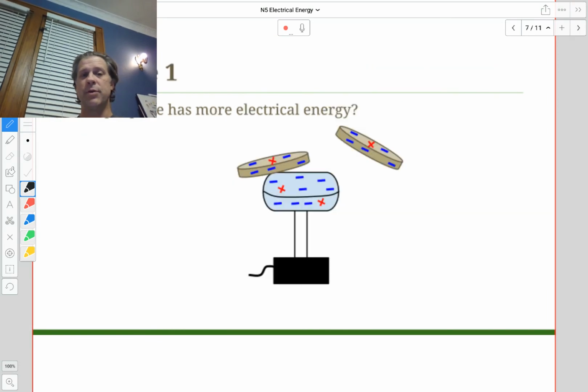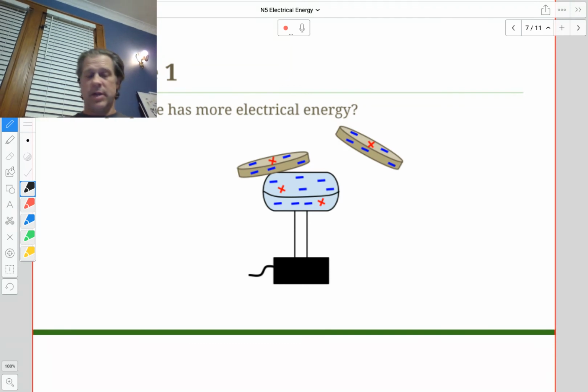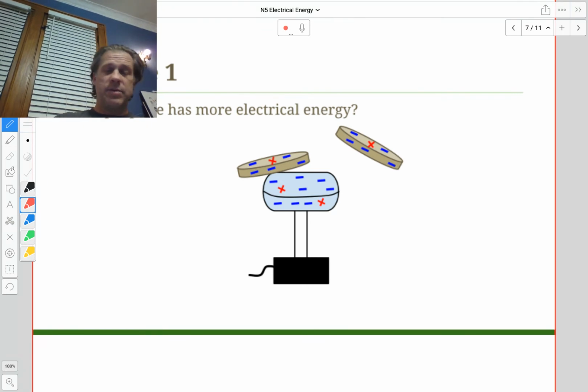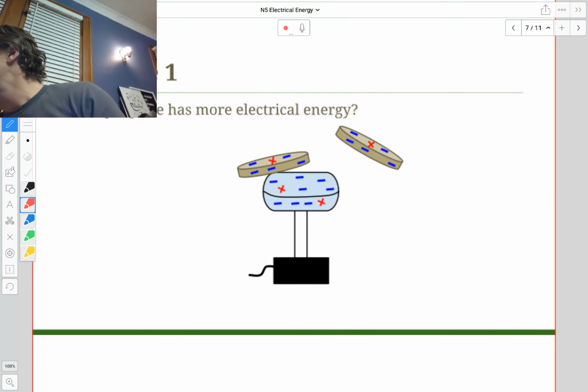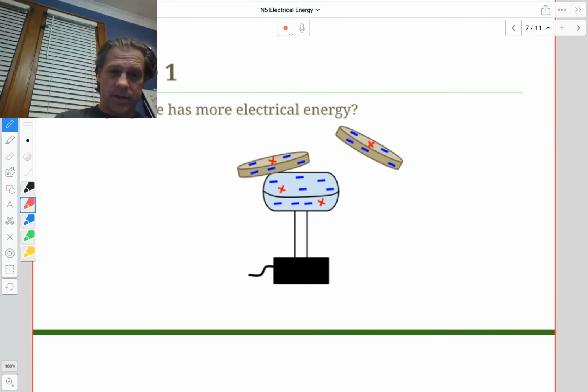The first scenario is which pie plate, the one on the left or the one on the right, has more energy. In this particular case, the one that has more electrical energy is the closer one, this particular pie plate right here.